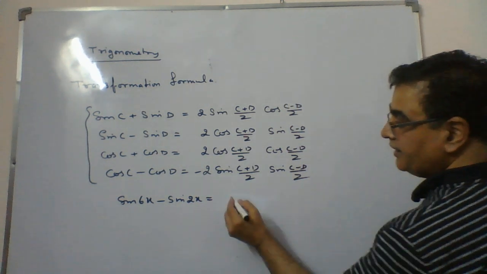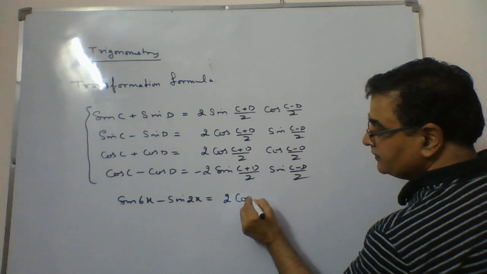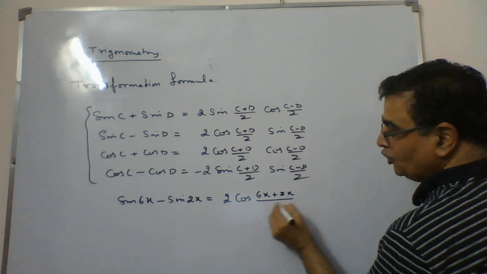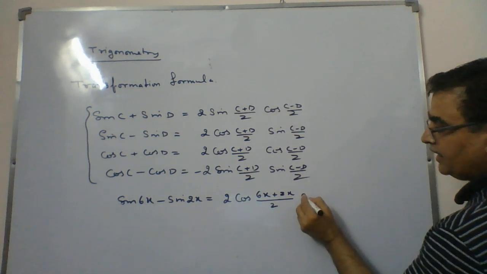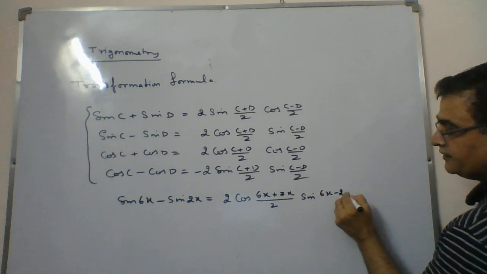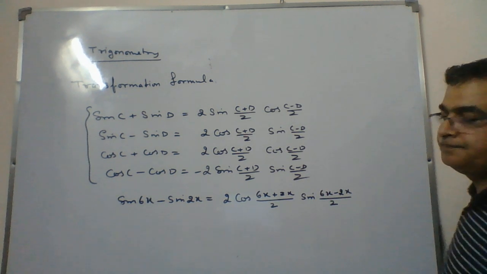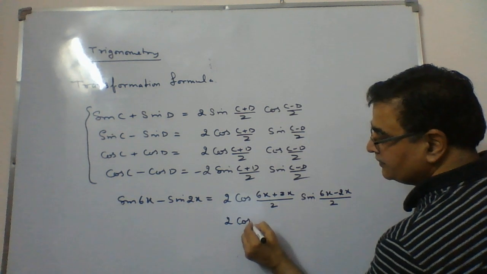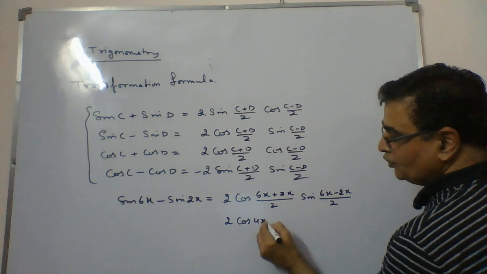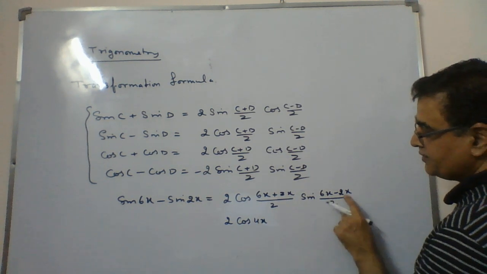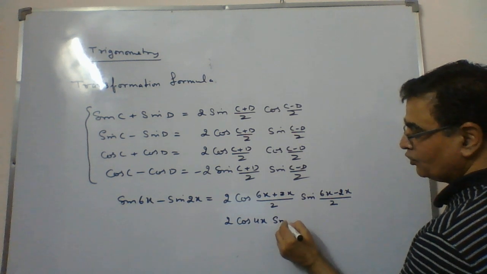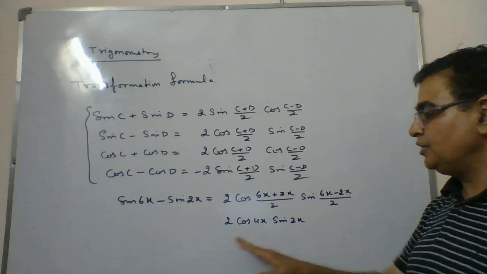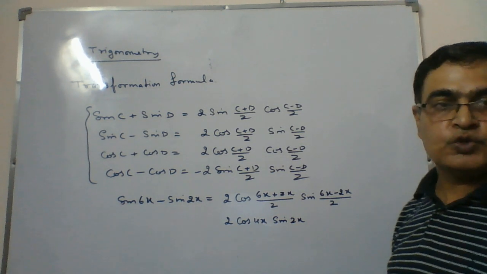When you go for sine c minus sine d, this will come out to be 2 cos (c plus d)/2, so (6x plus 2x)/2, and then sine (6x minus 2x)/2. So 2 cos, then sine. 6 plus 2 is 8, 8 by 2 is 4x. Then 6 minus 2 is 4, so it will come out to be sine 2x. So sine 6x minus sine 2x will be 2 cos 4x sine 2x.